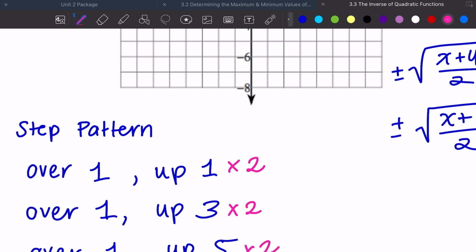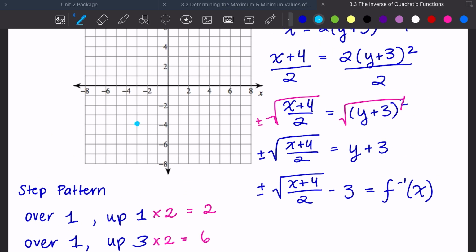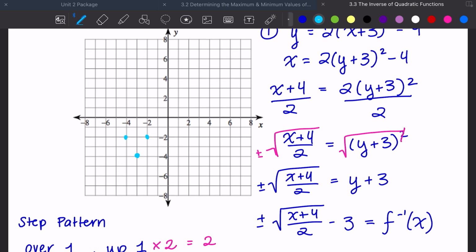So now instead of going over 1, up 1, I'm going over 1, up 2. Over 1, up 6. Over 1, up 10. Right? So I can do that. So over 1, up 2. Over 1, up 6. 1, 2, 3, 4, 5, 6. And then that's all I can fit.